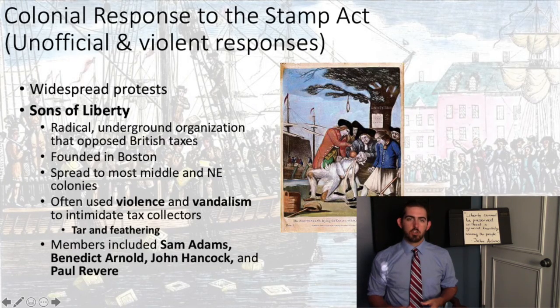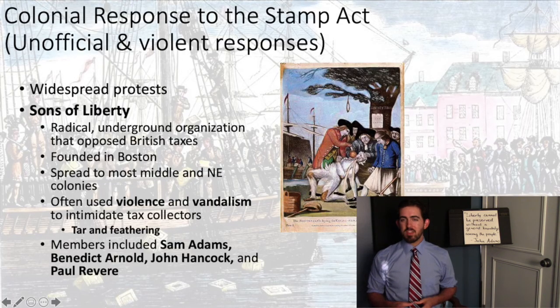Protests erupted in the streets, and an underground organization known as the Sons of Liberty took matters even further. The Sons of Liberty originated in Boston, but quickly spread to other parts of New England and the Middle Colonies. Their main objective was to take the fight directly to the British government by way of the tax collectors. The Sons of Liberty used intimidation, vandalism, and violence against British tax collectors.